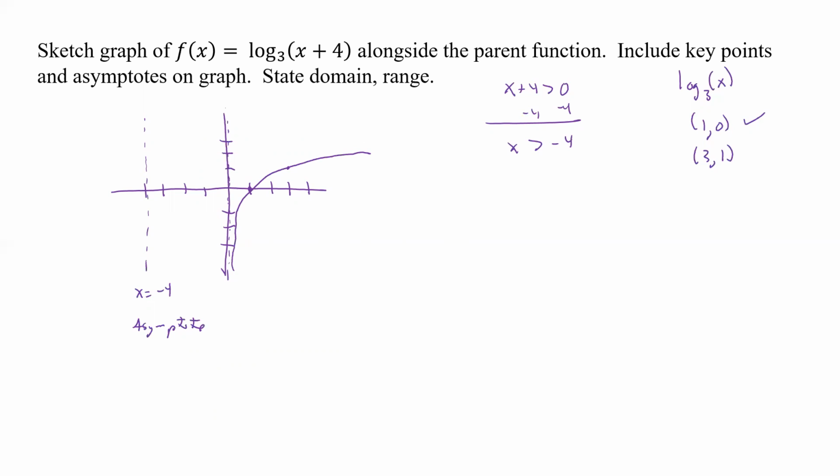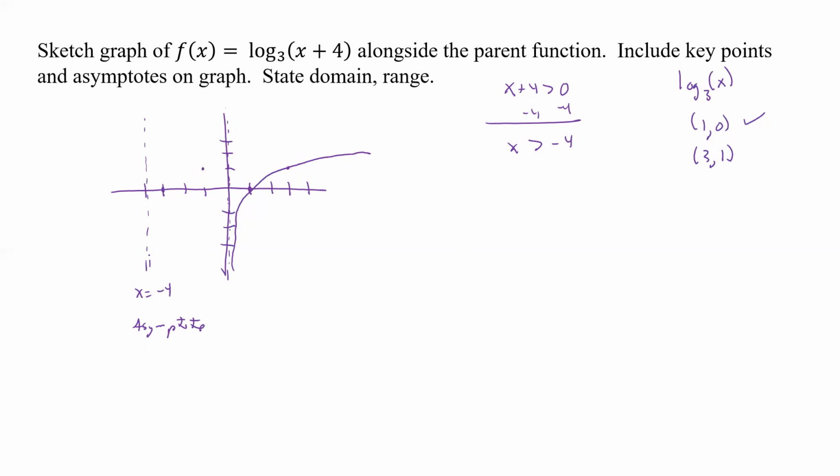So they say that we have to graph our parent function, and then we have to graph the other one. Well, the other one, remember, we have a plus 4 here, so we're going to move to the left 4 units. So we're going to move left 4, 1, 2, 3, 4. We move that one left 4, 1, 2, 3, 4.